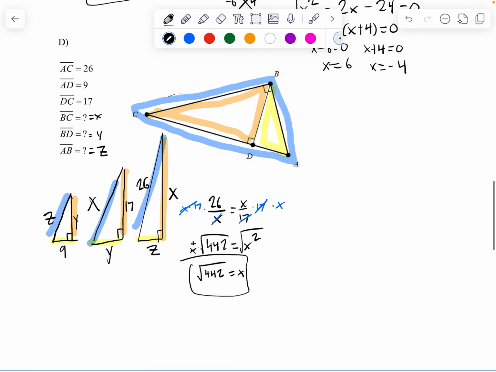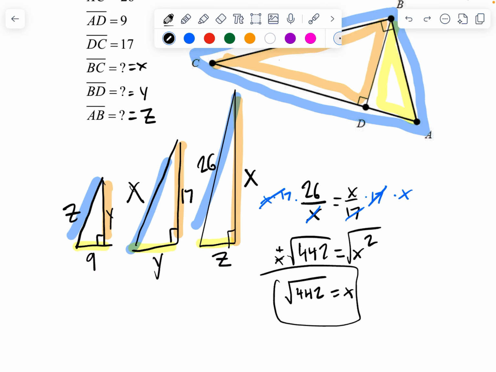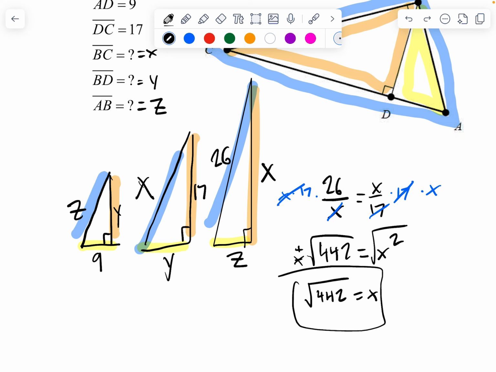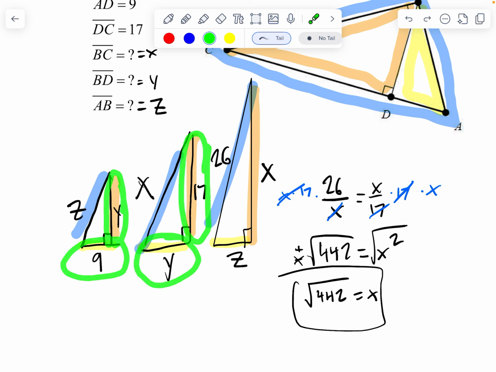And X was its own length, which means it's a positive number and it will work in our answer. Now we just need to figure out, once we know our X, how can we find our Y and our Z? Well, same idea. I'm going to try to pick stuff with just Y's. So I'll notice the long legs are just Y's and short legs are just Y's.